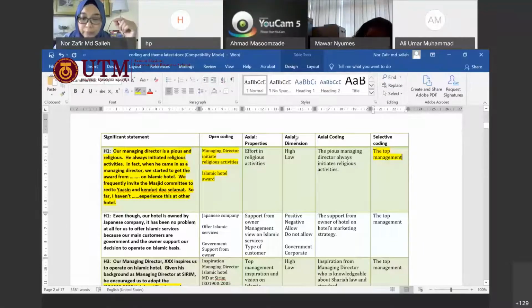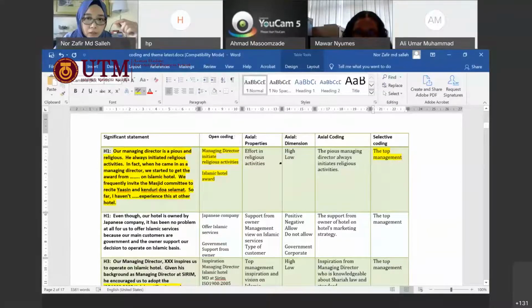And we also have dimensions in qualitative analysis. Dimension shows, what do we call it? In quantitative research you have values, right? 1, 2, 3, 4, 5 to show the degree of agreement or satisfaction, for example. So in qualitative research, we have this dimension to show whether the efforts in religious activities are high or low.